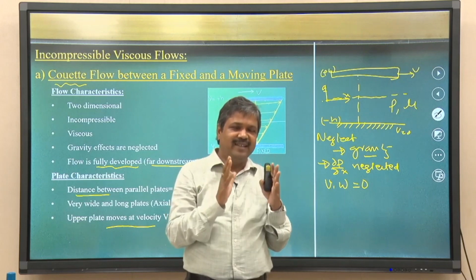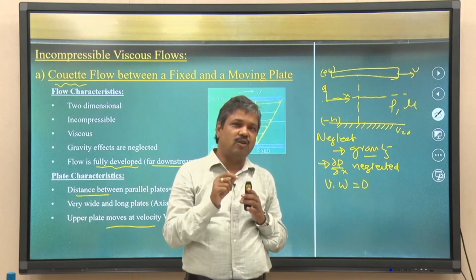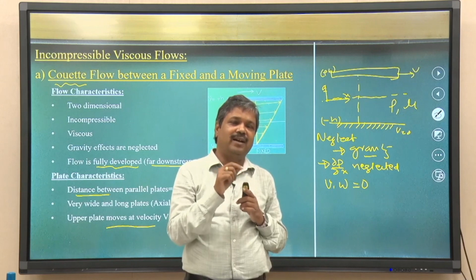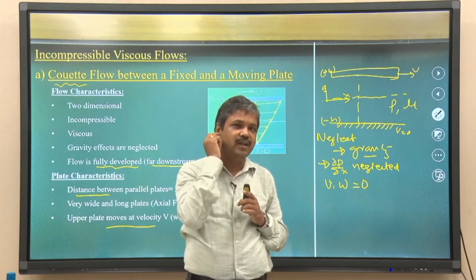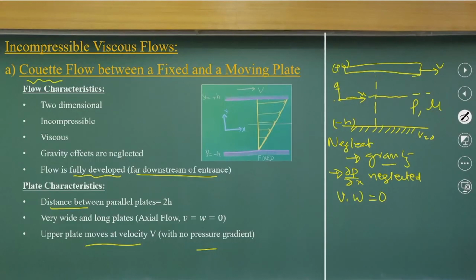As a fluid mechanics specialist, we always look at which components dominate and which flow fields we can neglect. For example, in this case it is only axial flow in the x direction, so the other components v and w are 0, the pressure gradient is 0, and since the flow is in the horizontal direction, the gravity components can be neglected.